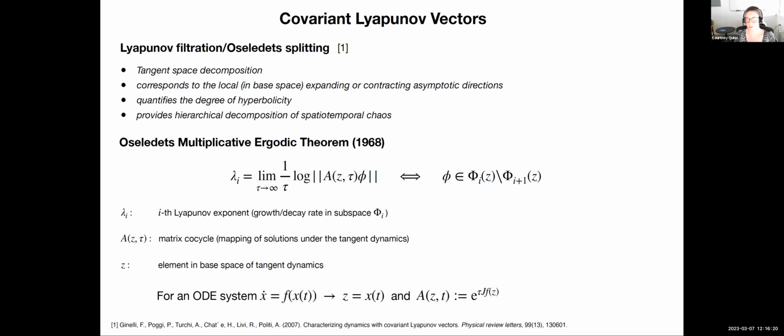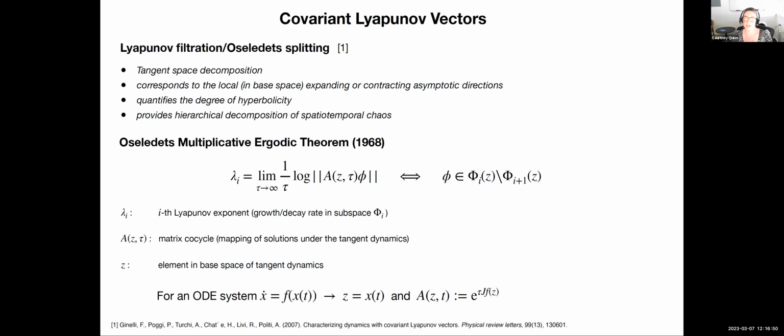They correspond to your asymptotic directions, but locally the directions can change, right? These vectors also quantify the degree of hyperbolicity at a certain area in base space along your attractor. And they provide a hierarchical decomposition of chaos, from your highest growing expanding modes to your most contracting modes.